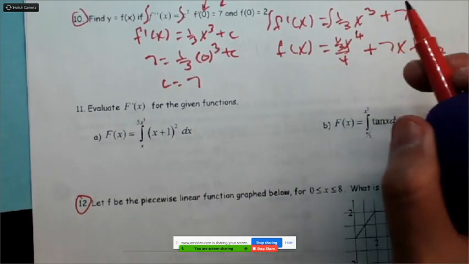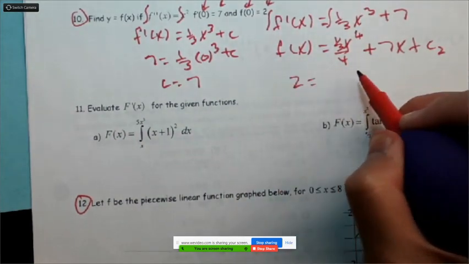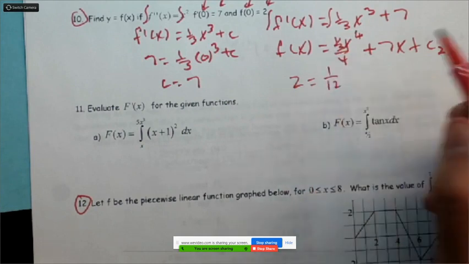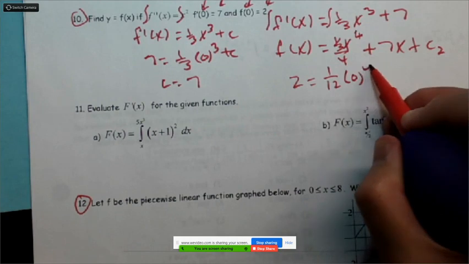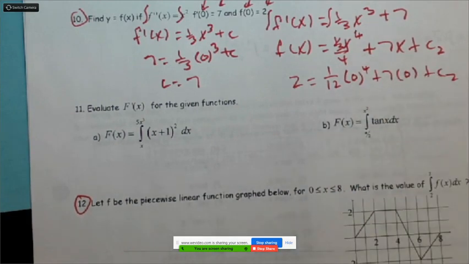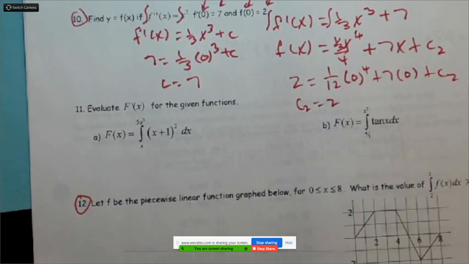And when I plug in the numbers, my x is 0, y is 2. If I simplify 1/3 over 4, that's going to be 1/12. Let's plug in the 0, plus 7 times 0, plus c sub 2. So that tells me c sub 2 has to be 2.